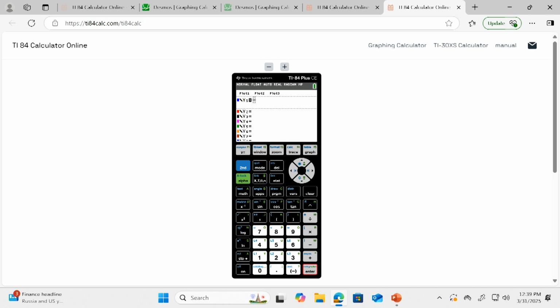I'm going to put the number that I'm wanting to get the factors of, which is 20, and I'm going to put that over x. So this is how we're finding factors of a number. Once I have that 20 over x, I'm going to go to my table, which is second table. Anywhere you have a whole number in your y1 column, those are factors.